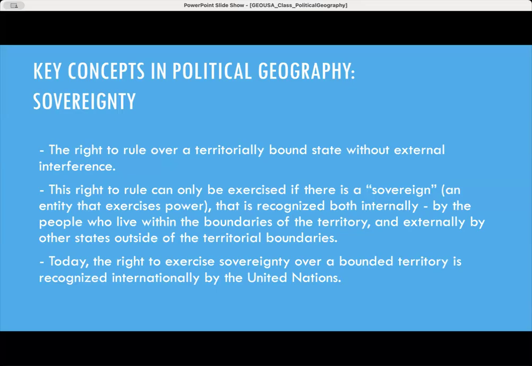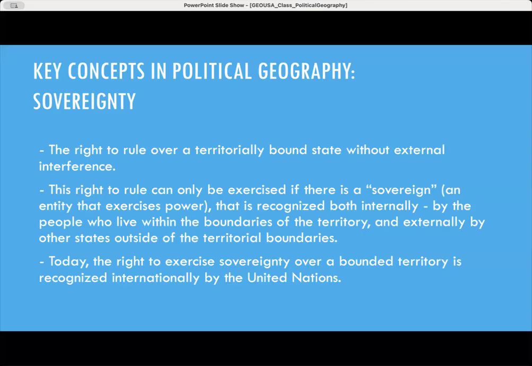Today, the right to exercise sovereignty over a bounded territory is recognized internationally by the United Nations. So pretty much every country in the world that formally exists, with its own flag, with its own national anthem, etc., is recognized internationally by the United Nations.